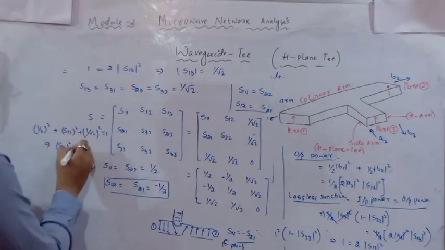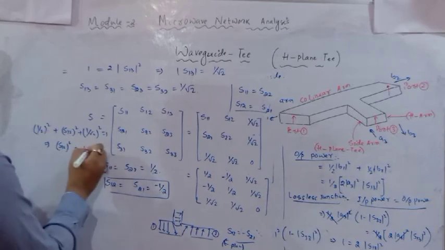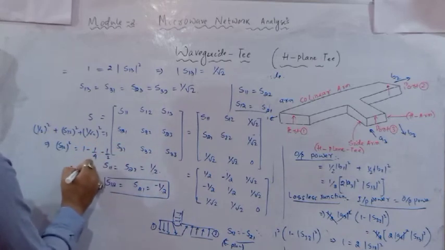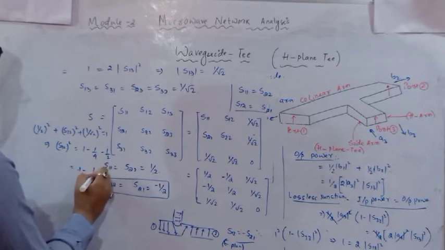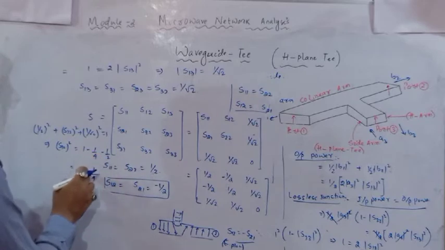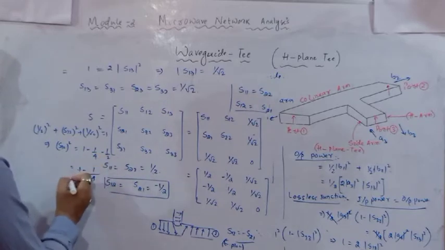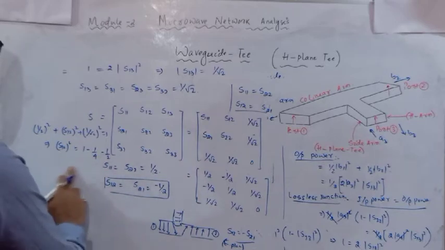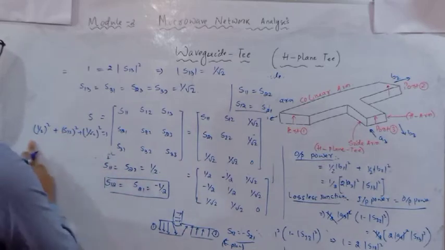Now here, S12 square is equal to 1 minus 1 by 4 minus half. So 1 minus 1 by 4 minus 1 by 2.